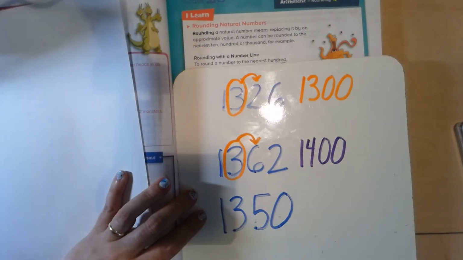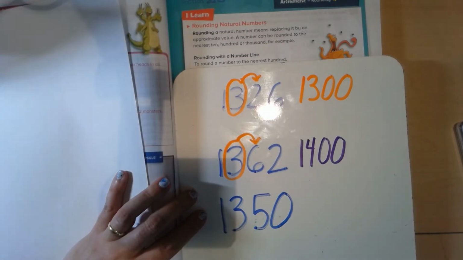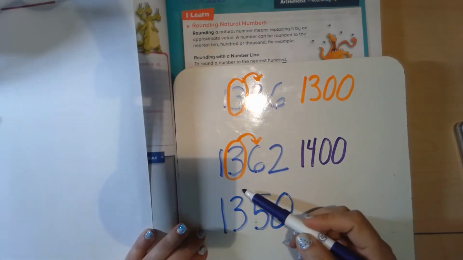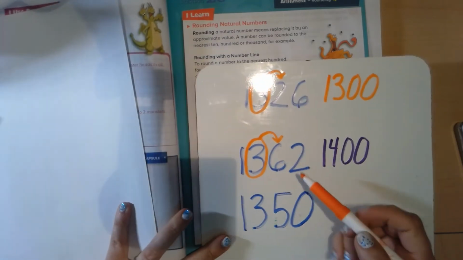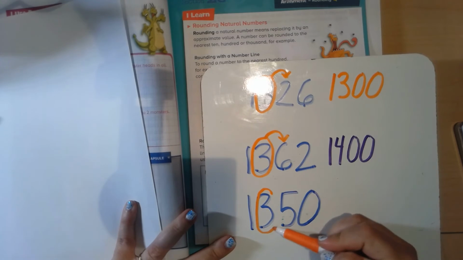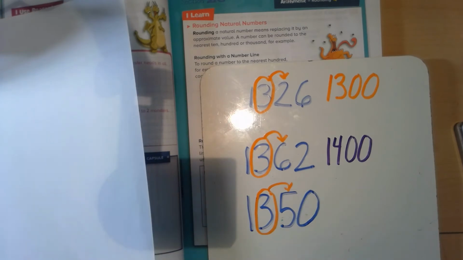Well, you go through the same process. You look at your hundreds position. So we have a 3. You look at the number to the right in our tens position. It's a 5.